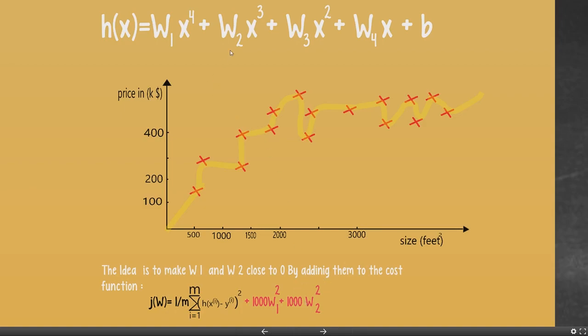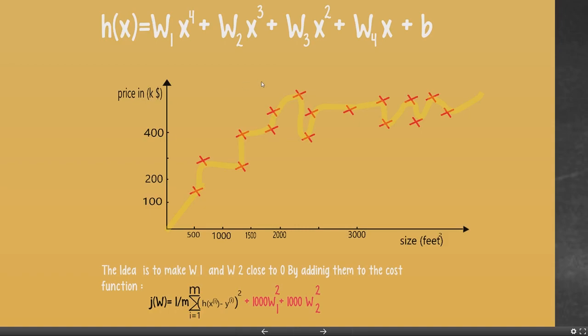So if we keep these close to zero, all these terms are going to be almost equal to zero. We can even delete them. Not really delete them, but they are so small, so close to zero, that they don't really affect the hypothesis function. So the hypothesis function is gonna be almost quadratic, let's say. So that's a great idea.